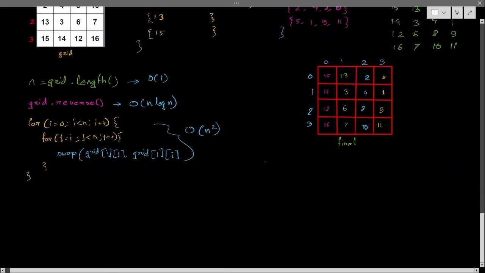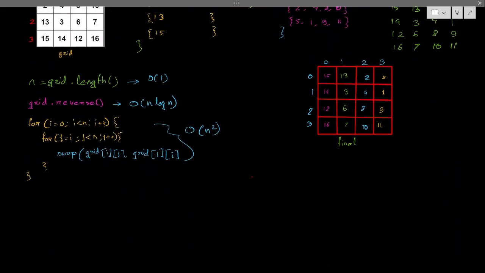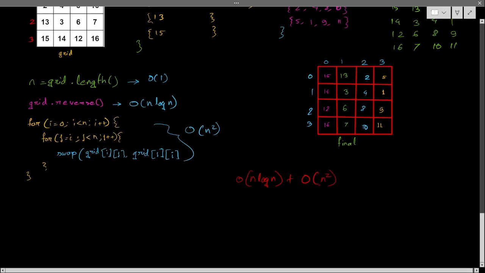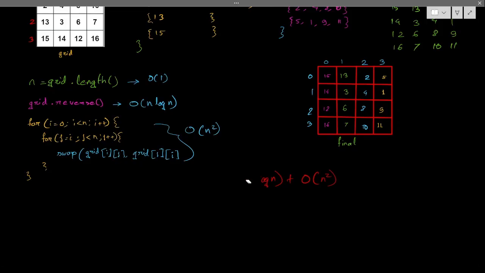But here, see here. Here it is big O of n log n plus big O of n square, right? So this is the time complexity here. Whatever is the maximum, we have to take it. Now, what is the advantage of big O of n log n plus n square?